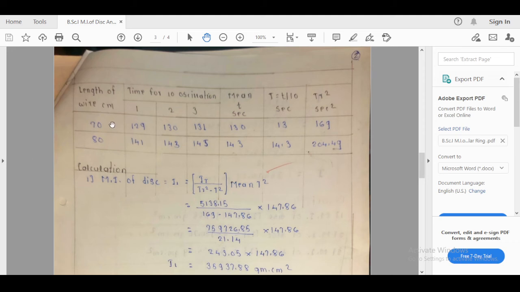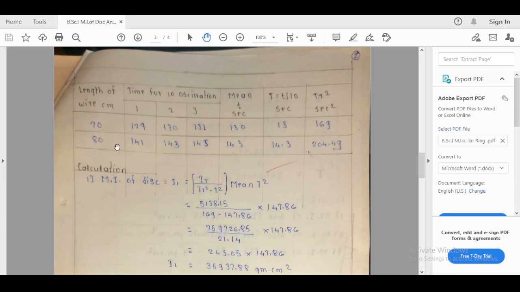Now what is the difference between the first and second? Everything is the same, but the difference is there is a slight increase in mass as the ring is added, and therefore the mass of the ring is added to the original mass of the disc, and it will take slightly more time to oscillate for 10 oscillations.